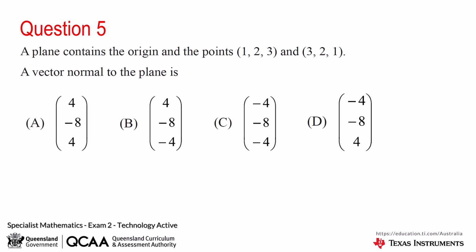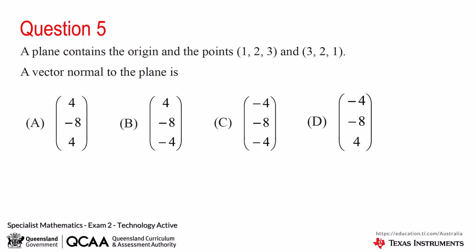We have 2 coplanar vectors, which are given by i plus 2j plus 3k and 3i plus 2j plus k. If we want to find a vector which is normal to the plane, and we know those 2 coplanar vectors, then we want to use the cross product on those 2 vectors, and that will give us a vector normal to the plane.